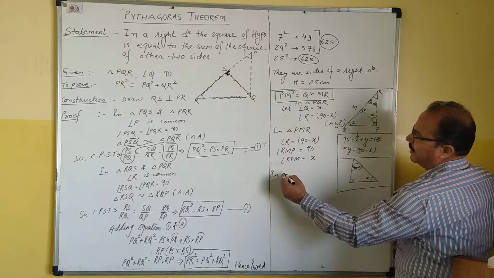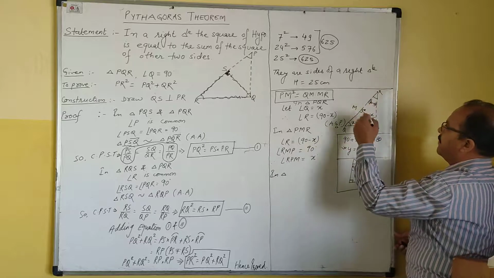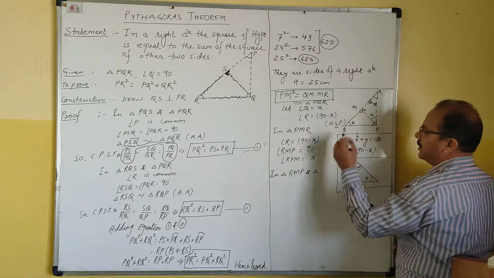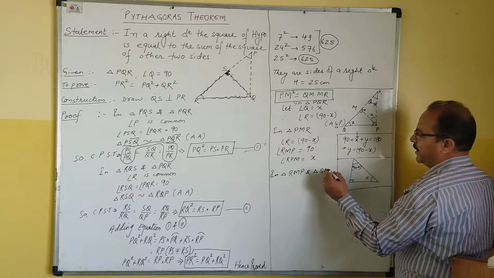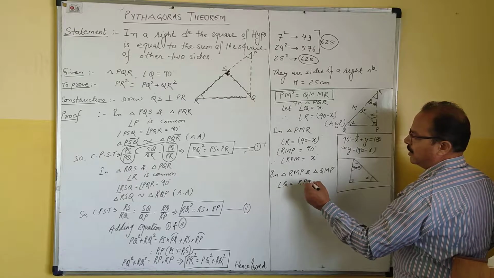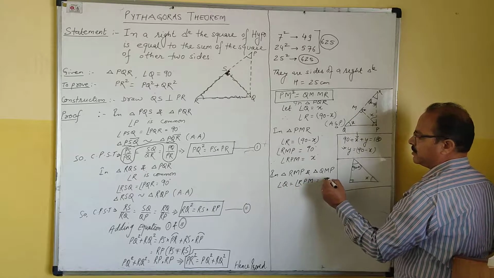Now in triangle RMP and triangle QMP, angle Q is equal to angle RPM is equal to x.